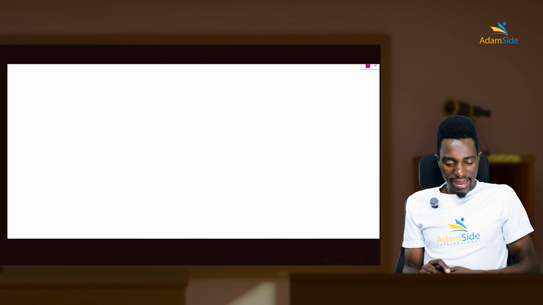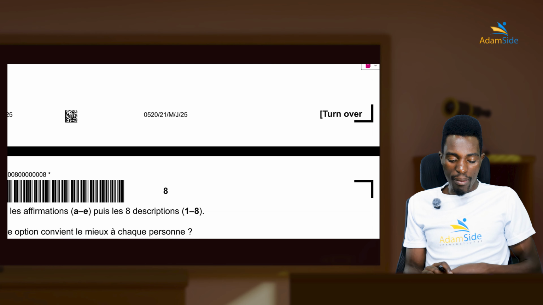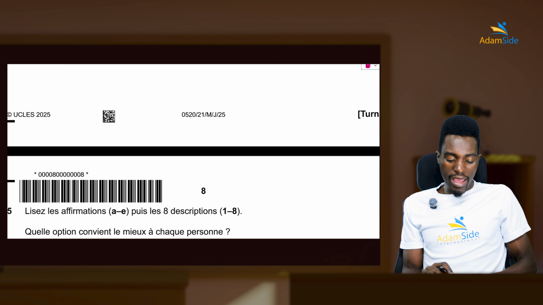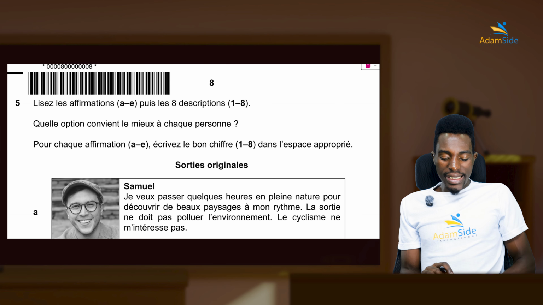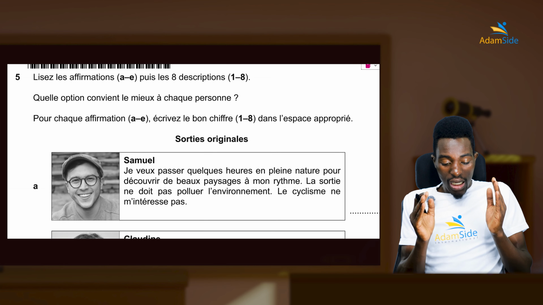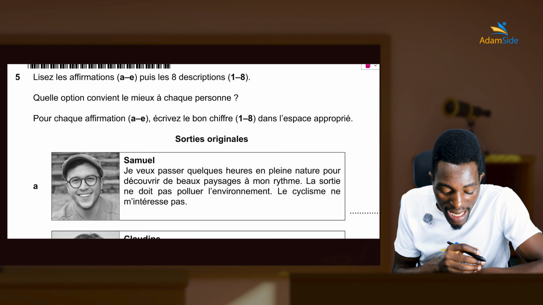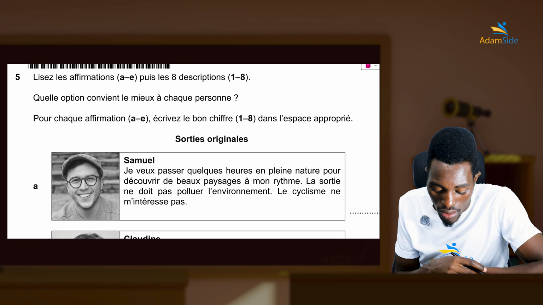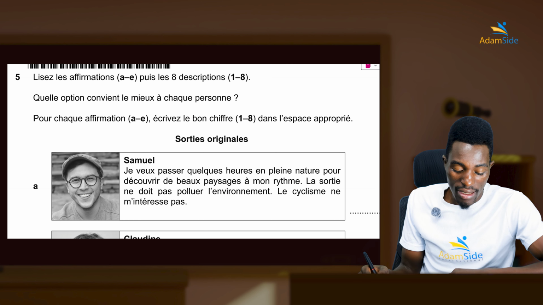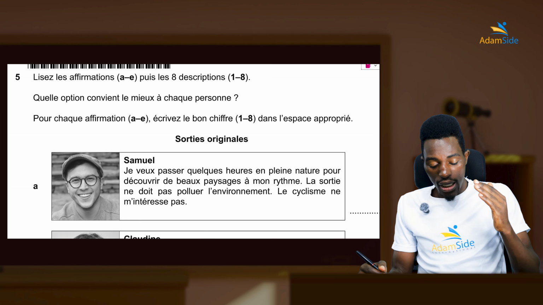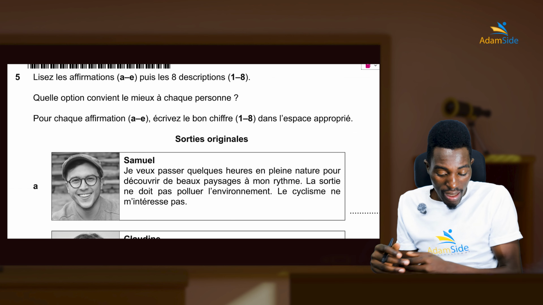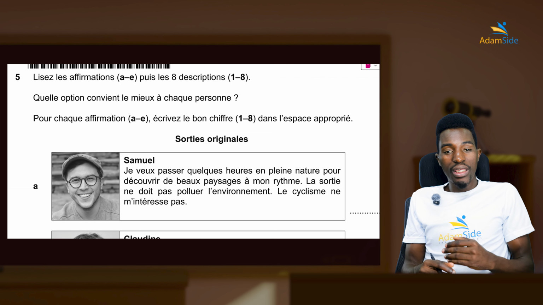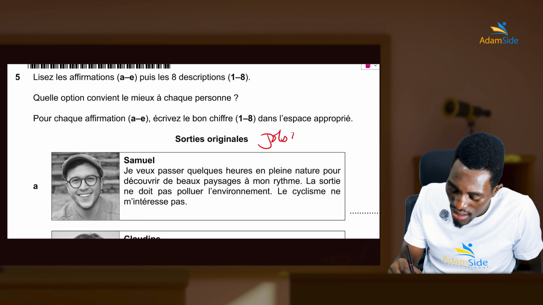Then the next is how to answer question number 5. The question number 5 is you have text. They say, lisez l'affirmation A à H, puis les 8 descriptions. So in this question, you will have to read the part 1 and the part B. The part 1 here, you can be given jobs.